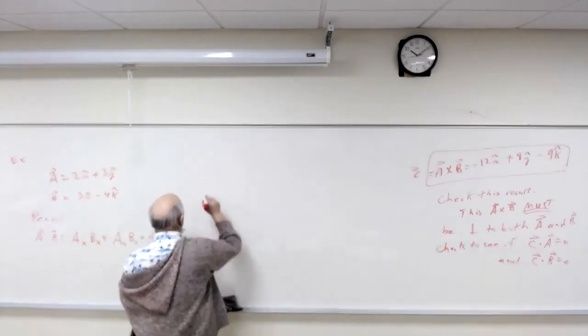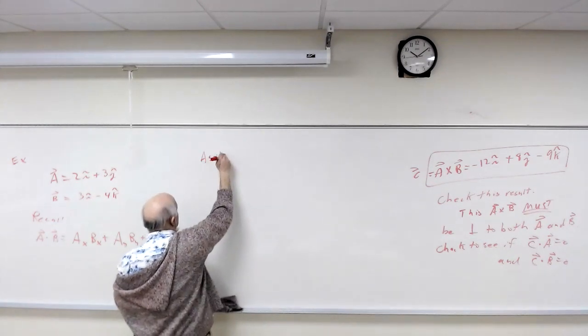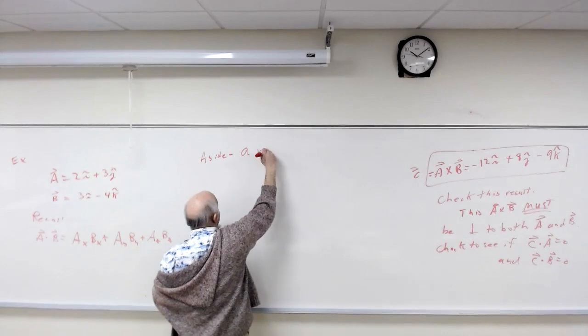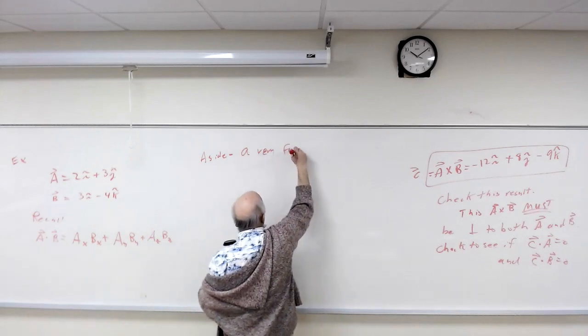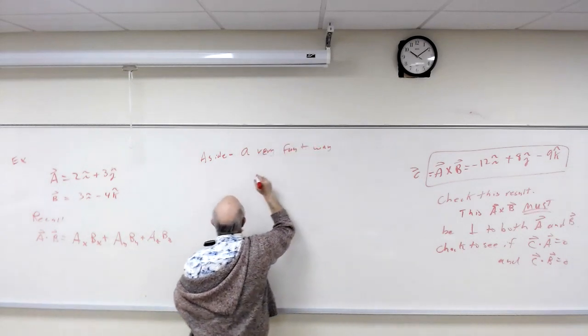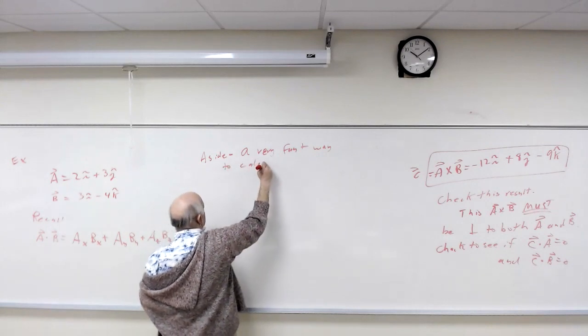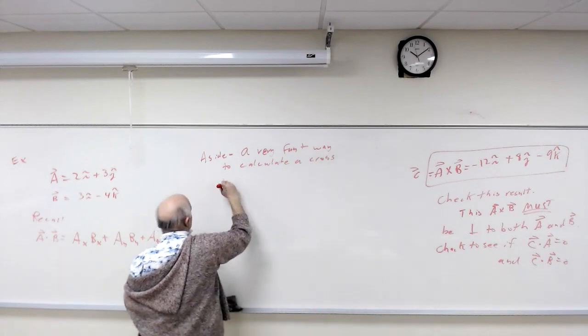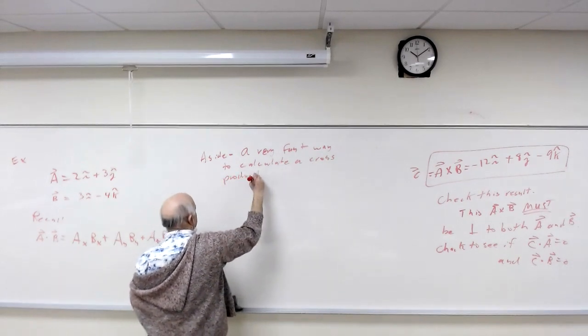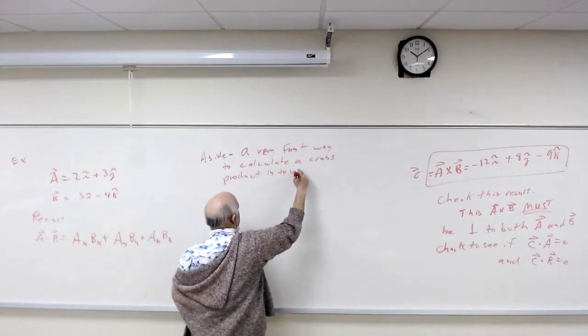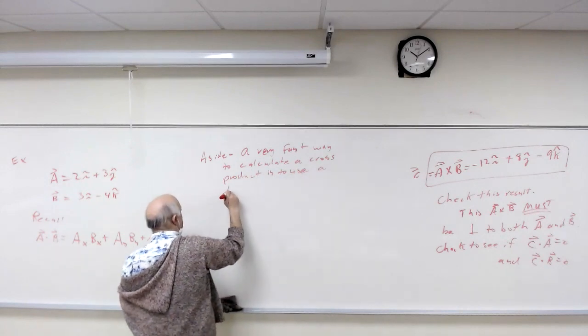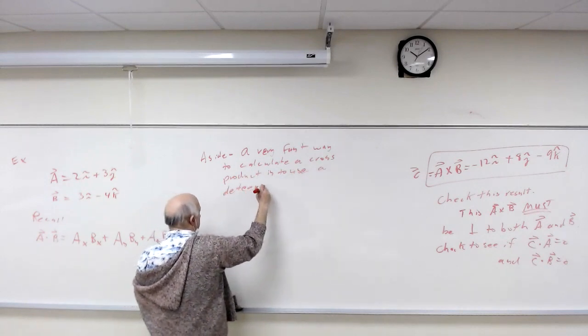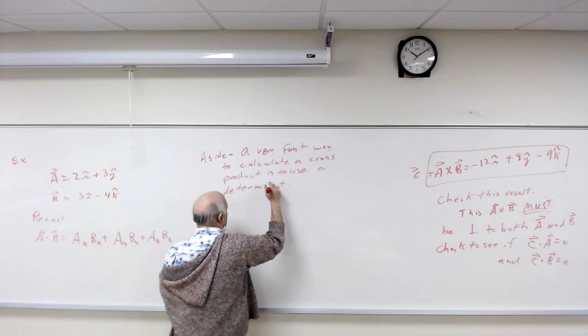So this is an aside. A very fast way to calculate a cross product is to use a determinant. If that word means nothing, don't worry about it.